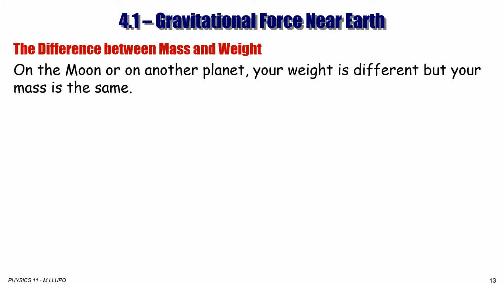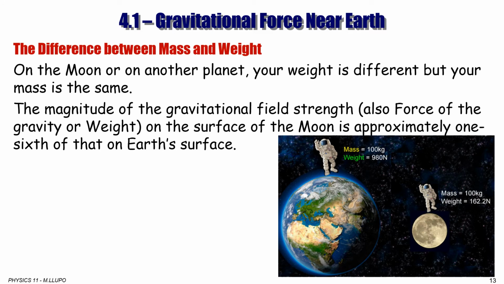On the moon or on another planet, your weight is different, but your mass is the same. For example, the magnitude of gravitational field strength, also force of gravity or weight, on the surface of the moon is approximately 1/6 of that on the Earth's surface. On the diagram on the right, you see a mass of 100 kilograms.